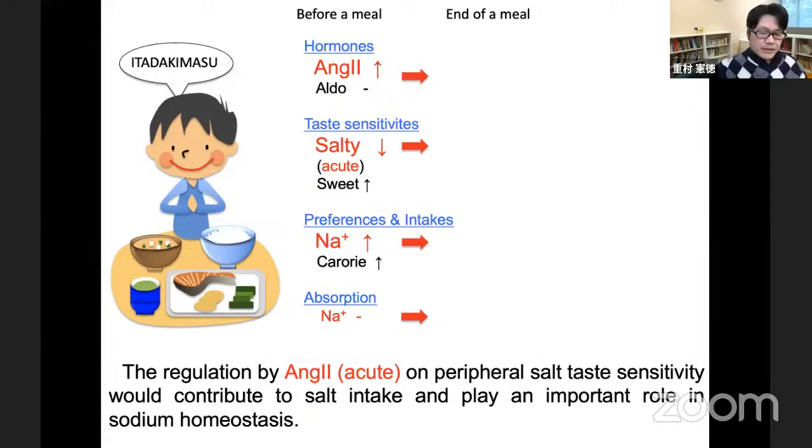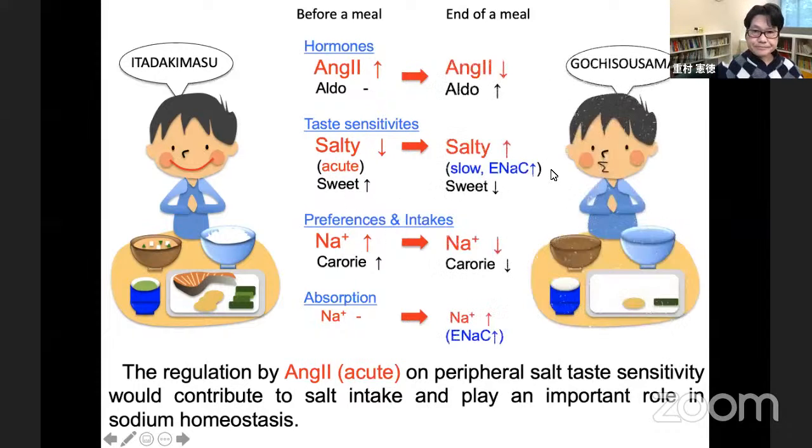I would like to summarize the first part. Our results suggest that when body sodium level is lowered before a meal, blood angiotensin 2 level is increased, which suppresses the sodium taste sensitivity, causing increase of sodium preference and intake.